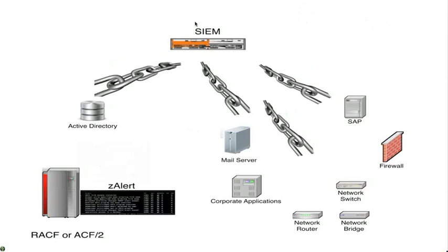There is a way of actually fixing those problems very easily and inexpensively. There's a component called zAlert that is native to the mainframe. It's a standard application for the mainframe, easy to install, and it comes out of the box with a ton of best practices on what to do, what to report upon, what are the bad things that can happen on a mainframe.